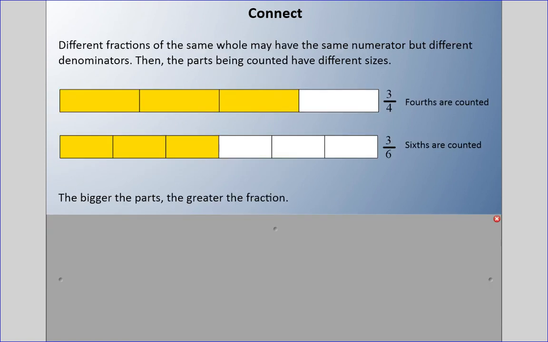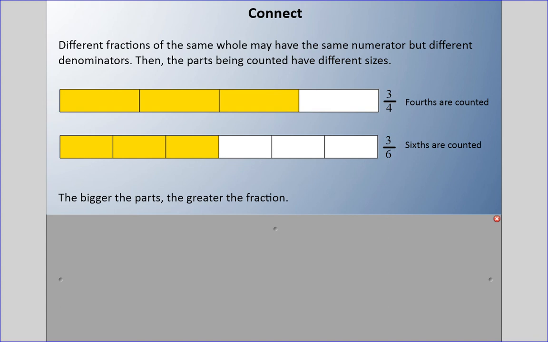Now, sometimes the fractions could have the same numerator, and they're the same size, same object, same pizza pie, same bar, same length, but the denominators are different, and that's because they've been divided into different size pieces. So then the parts being counted have different sizes. So you can see in the top one, I do have 3/4. It is the same length as the one for 3/6.